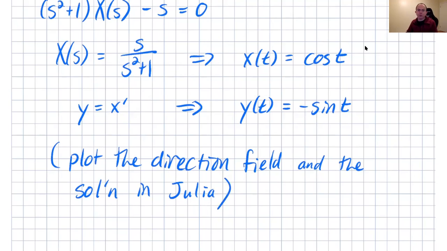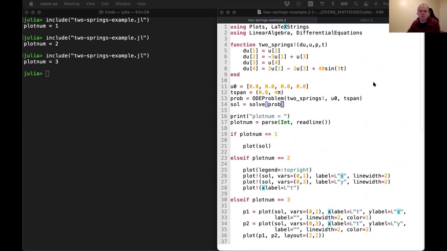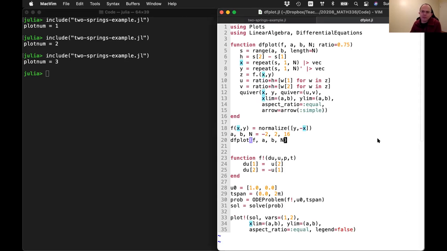Okay, so let's go back to the computer. New share, desktop 2. Okay, move this over there. Okay, so I have this dfplot.jl file, code that I wrote. I wrote a function here which will plot the direction field.